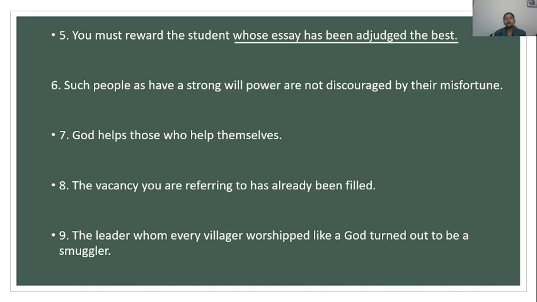And which word does it qualify? The student. So my noun is the student. Clear? Adjective clauses are always placed close to the noun or pronoun they modify, so the noun or pronoun you find close to it is what it refers to.